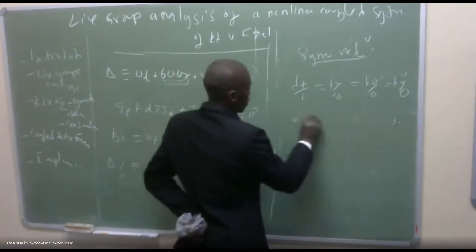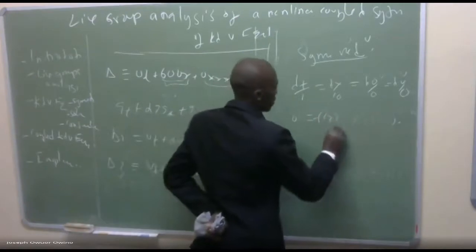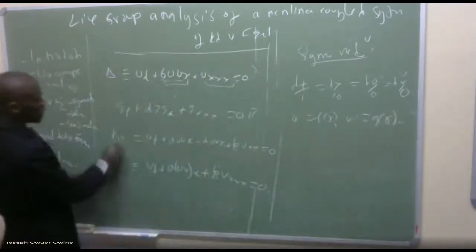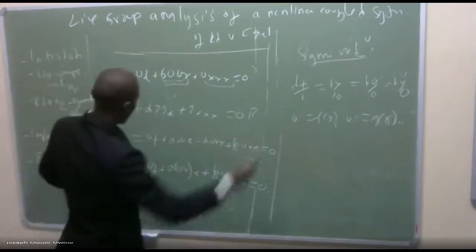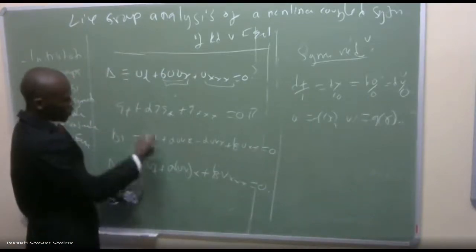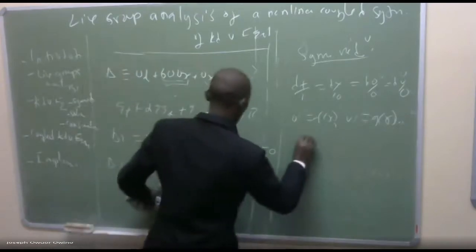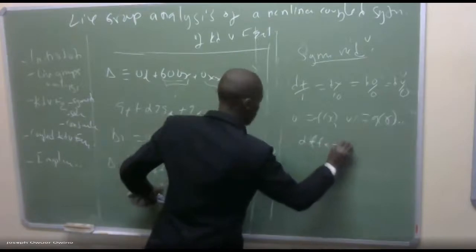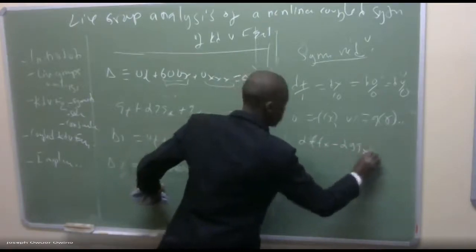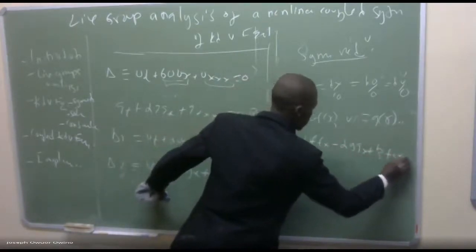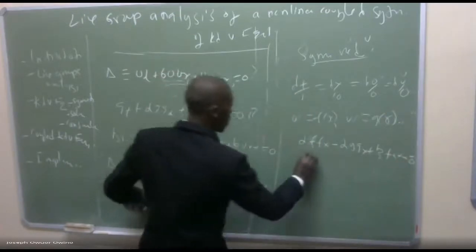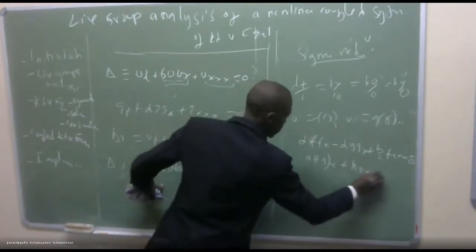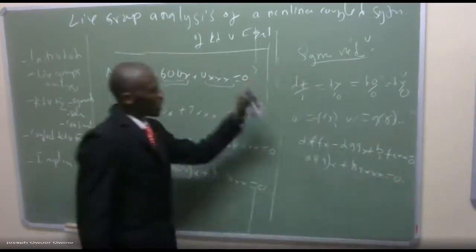So if you take u as some function f of x, and v as some function g of x, then you substitute in the system. There is no time variable, so the evolution terms collapse, and I will have a new system: alpha f fx minus alpha g gx plus beta fxx is 0, and alpha f gx plus beta gxx is 0. This is now a reduced system.